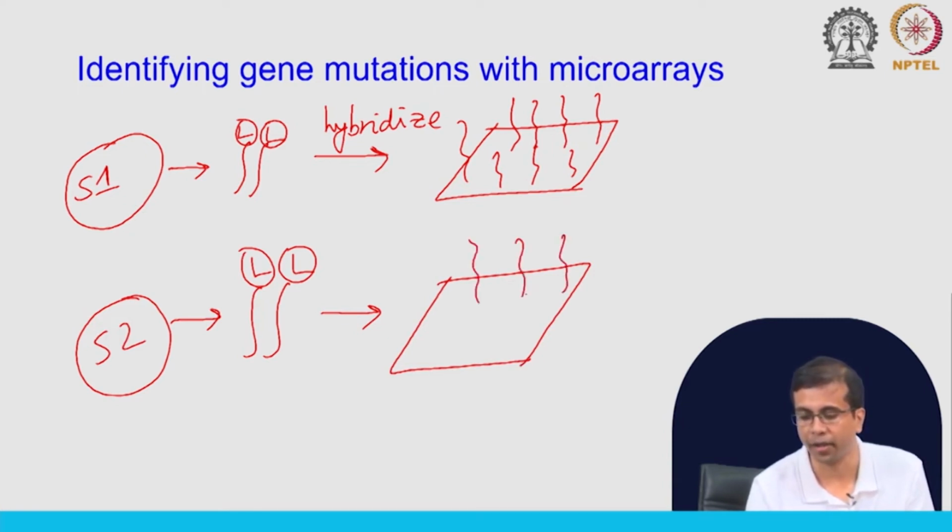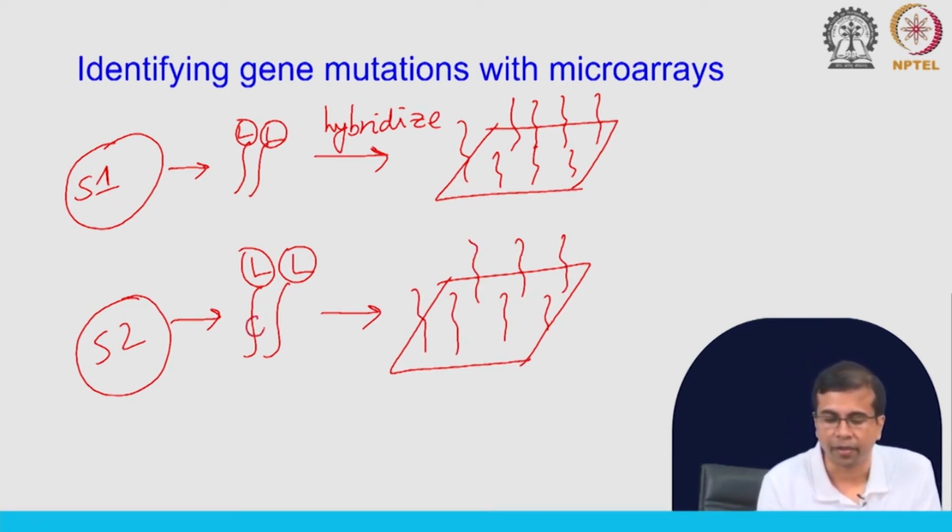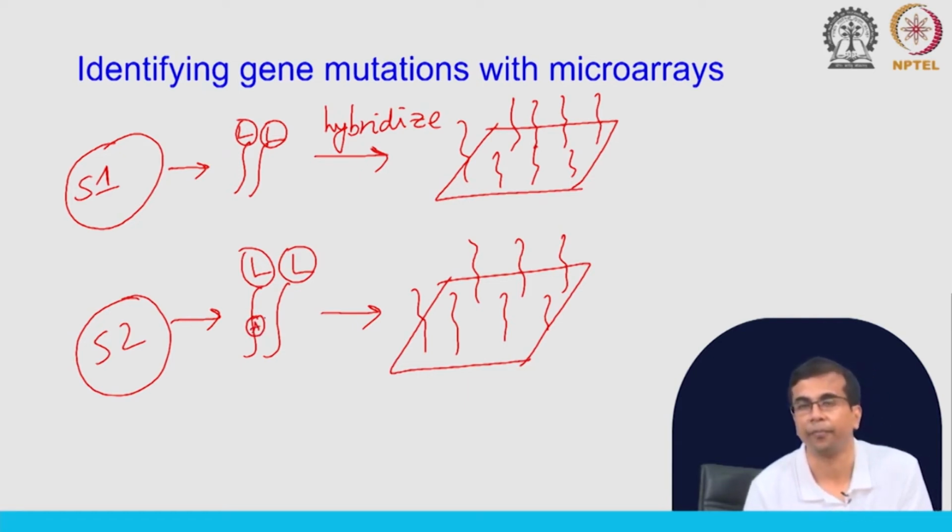So, these DNA probes are there. So, you do this hybridization. Now, imagine this sample S2, it has a mutation here. So, let us say there is a mutation here, in this position, a mutation.